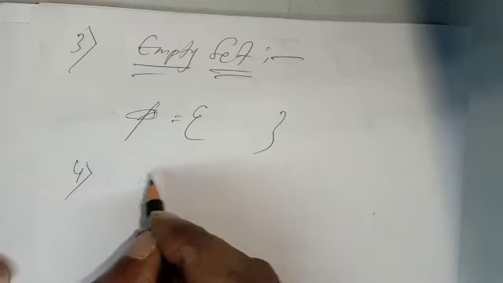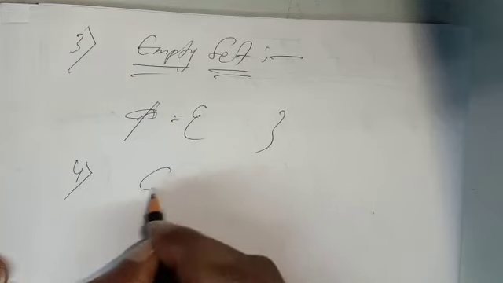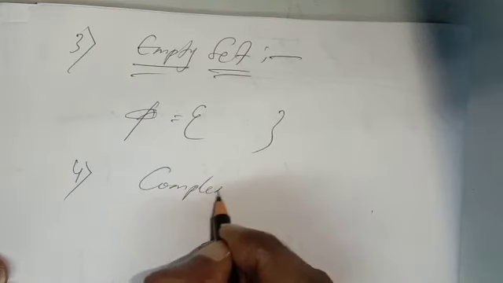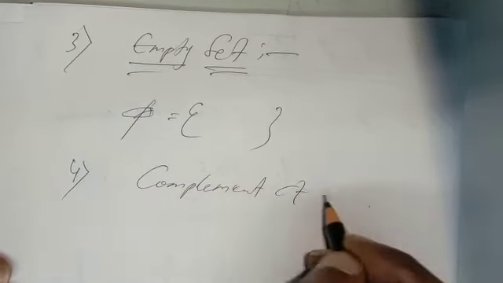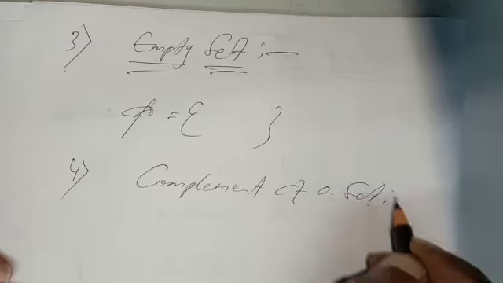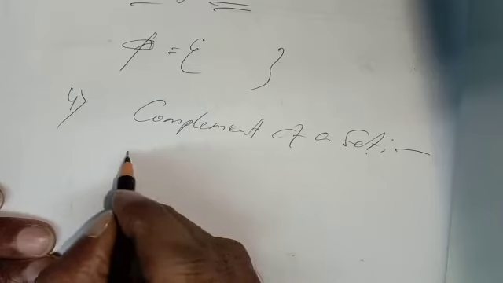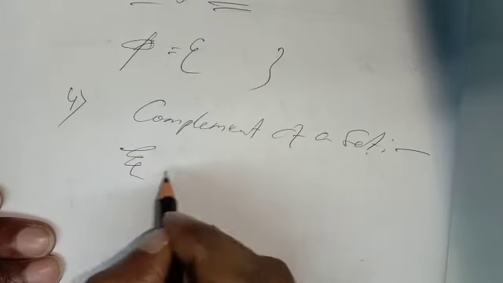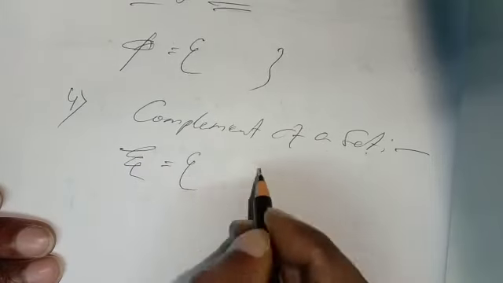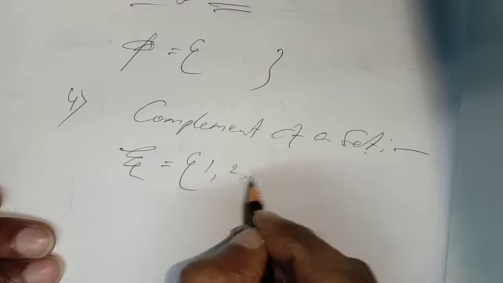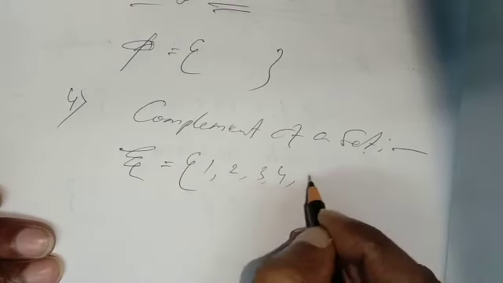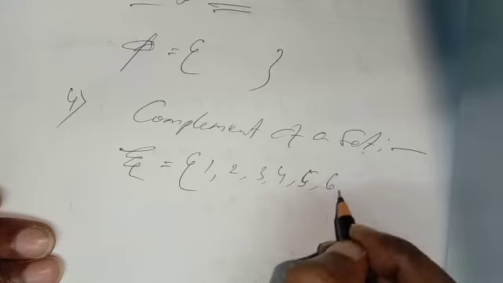Next is complement of a set. What do you mean by complement? Suppose in this case you have to write one universal set, that is Xi. Universal set means it is a set having all natural numbers, means 1, 2, 3, 4, 5, 6 and so on.